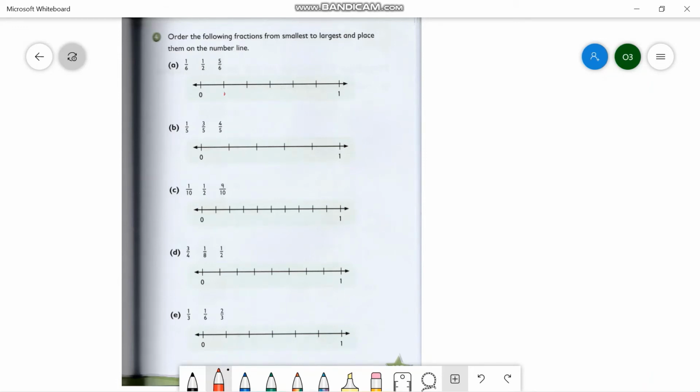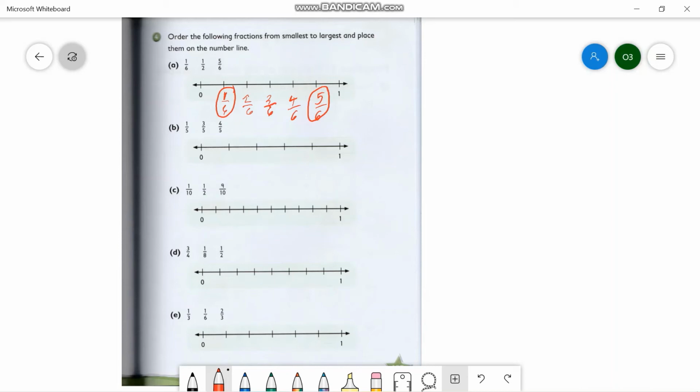So we have to place here 1/2 at the middle. So 1/6, 2/6, 3/6, 4/6, and 5/6. Okay, so now we have 1/6. This is 1/6. And we have here 5/6.